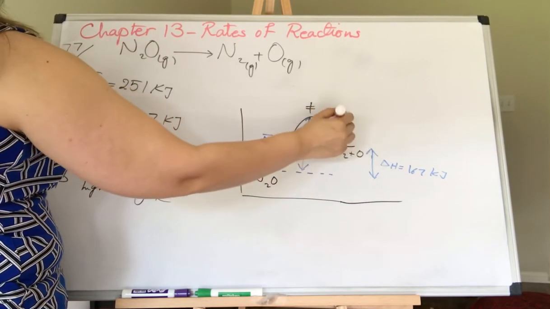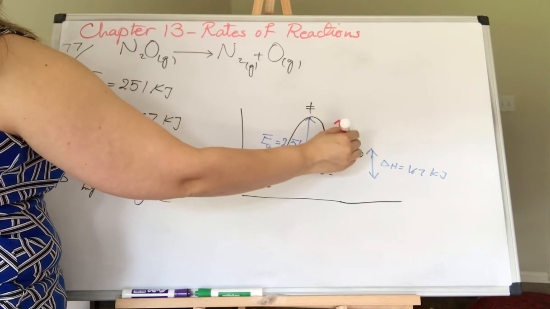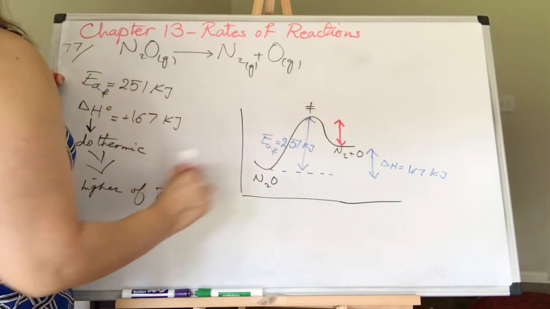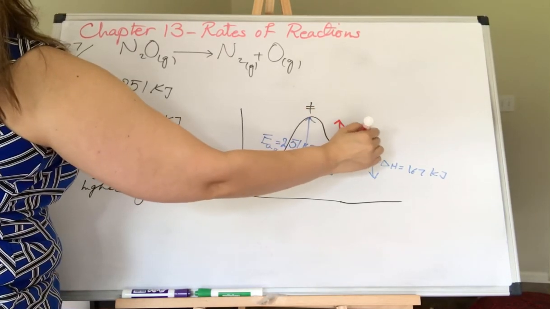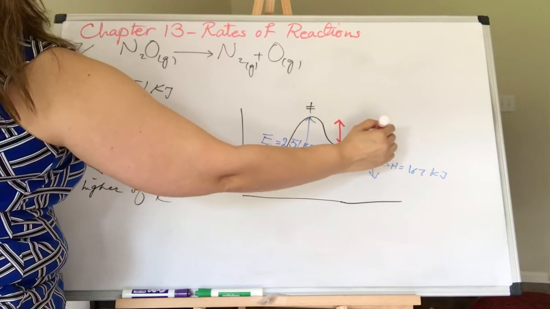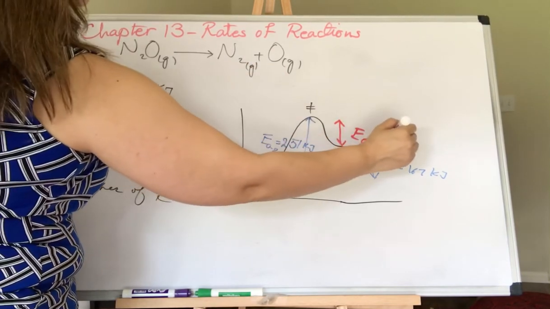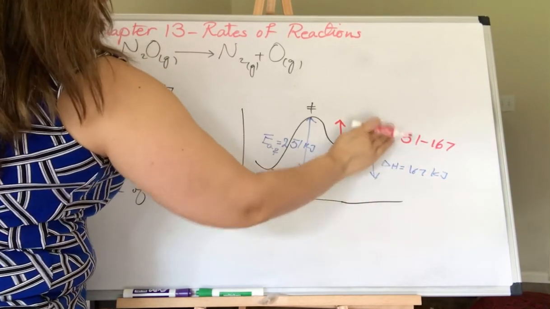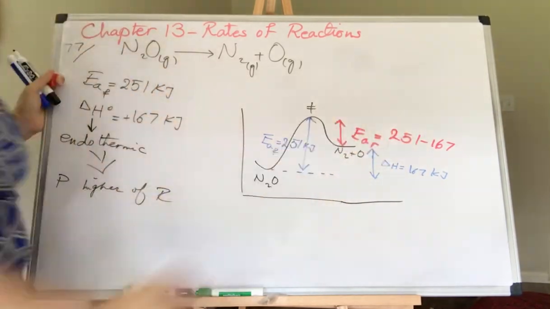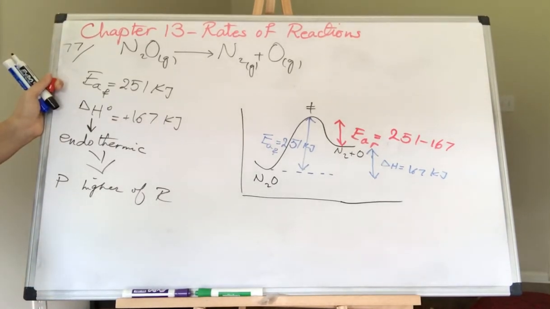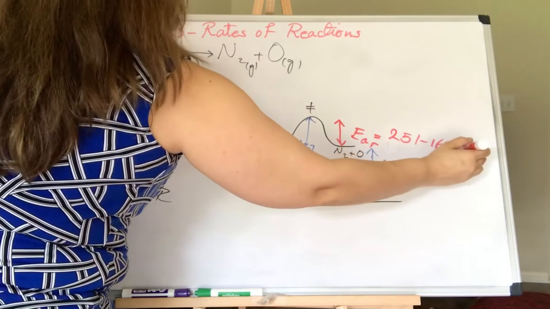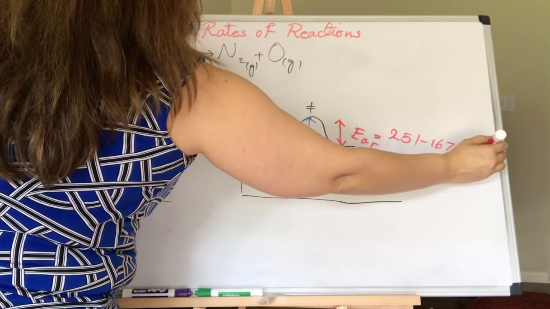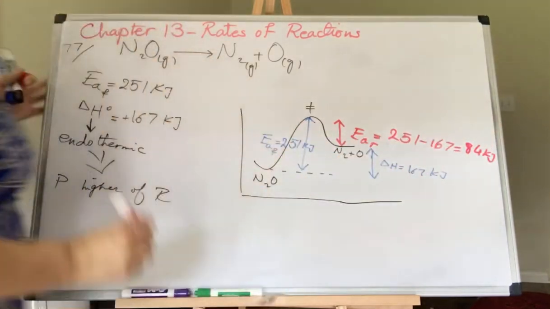So the difference between the products and activated complex would be the activation energy of reverse, which would be 251 minus 167. If you subtract them from each other, you will have this activation energy as 84 kilojoules.